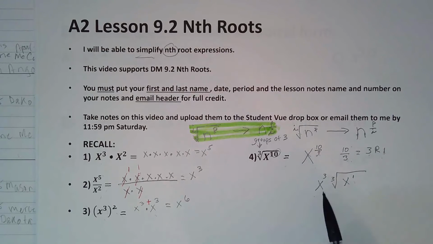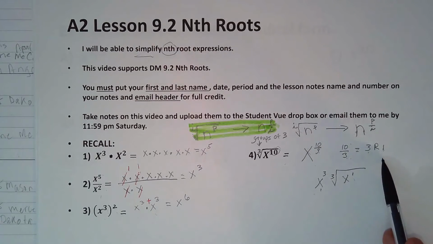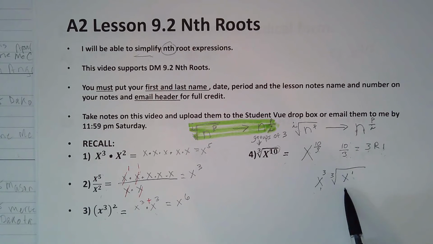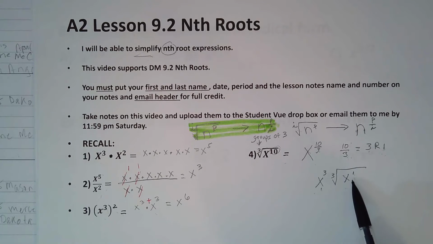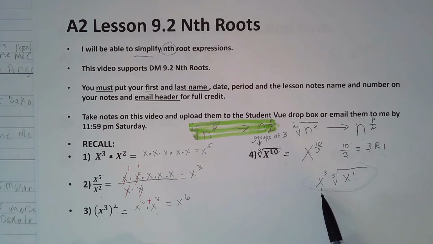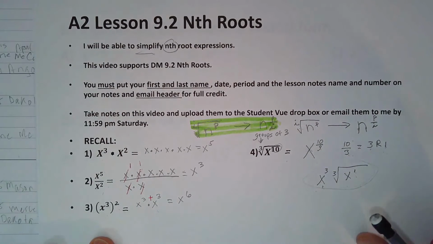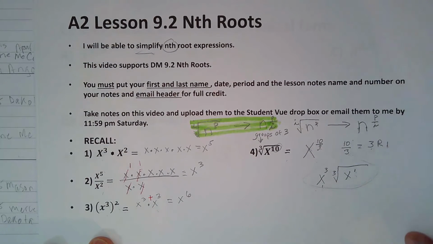So 3x's went out, x times x times x is x cubed, and 1x remained under in the cube root jail, and it's to a power 1. So we could have written it x cubed times x to the 1/3, but we want to keep it in this form whenever we have refugees escaping from the radical jail. Okay? All right. Let's move on.